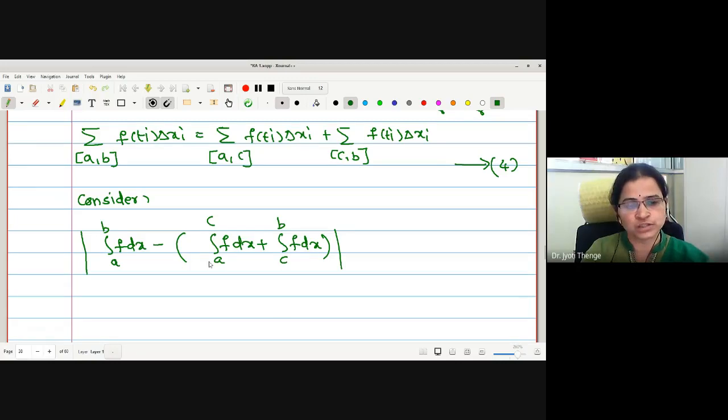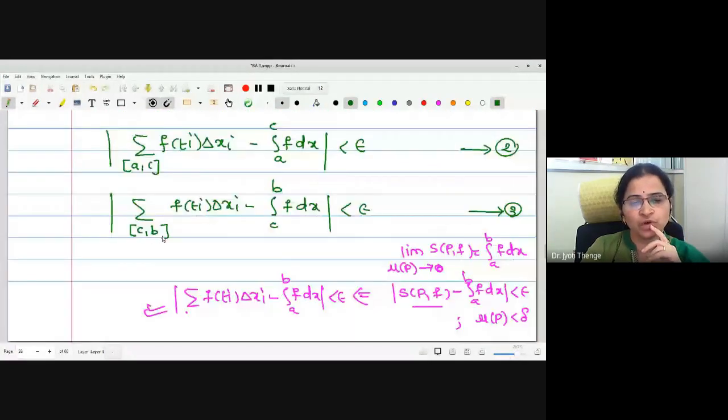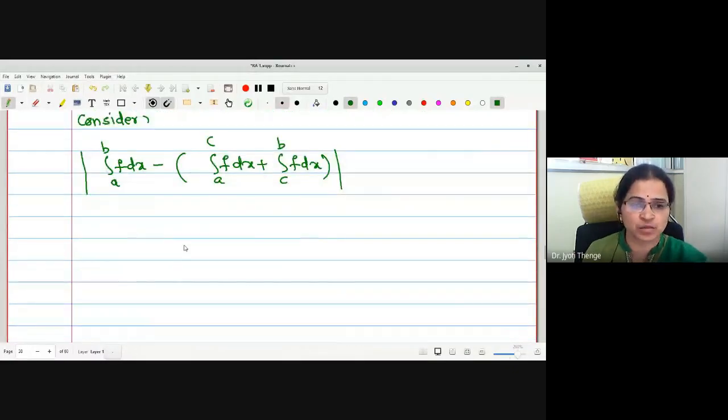That the modulus of this difference is less than epsilon. Why? Because epsilon is any positive number, and a non-negative difference less than every positive number gives you equal to 0. Now, in order to establish a relation using these definitions, we have integrations, and we have to introduce sums, Riemann sums.